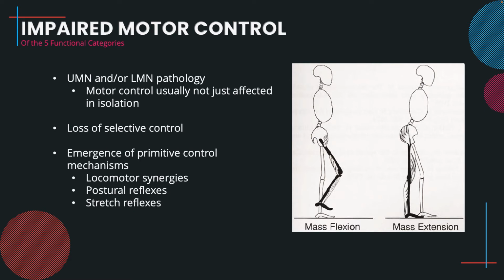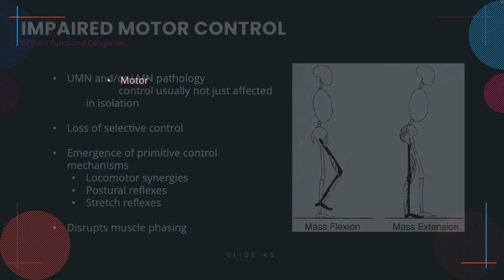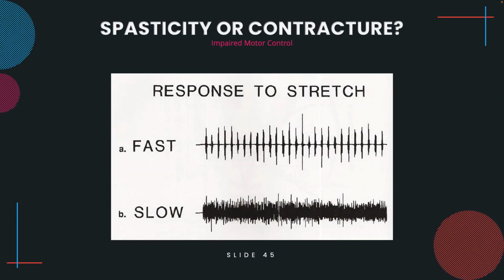And this can really disrupt the ability of the muscles to contract eccentrically during the stance phase. Oftentimes during gait, spasticity and contracture can present pretty similarly because they both restrict the range of motion that we're able to go into.